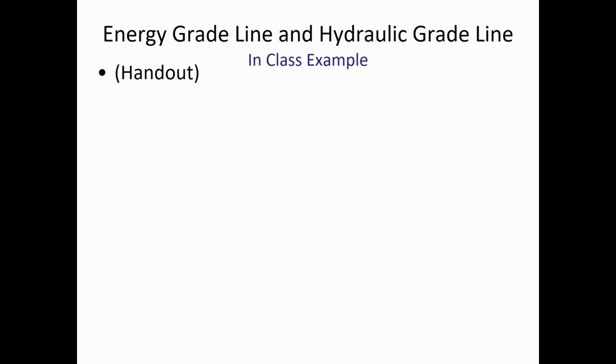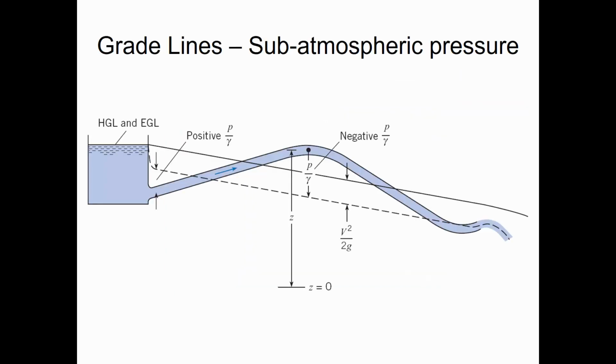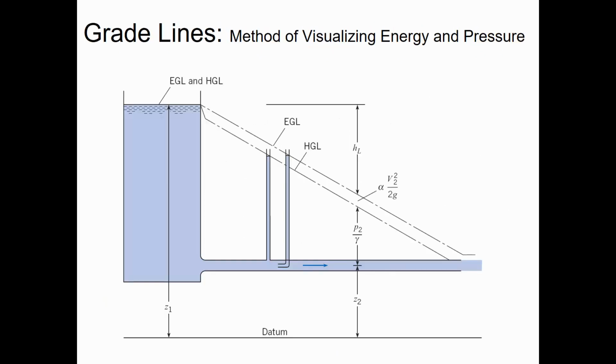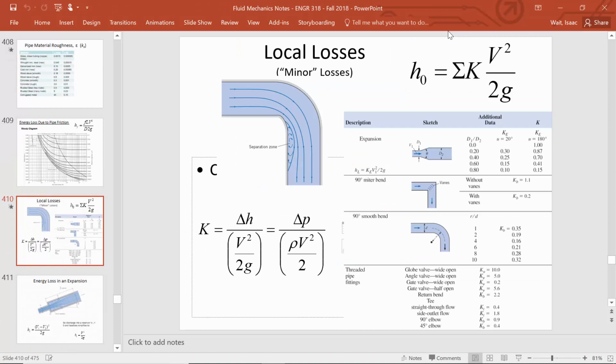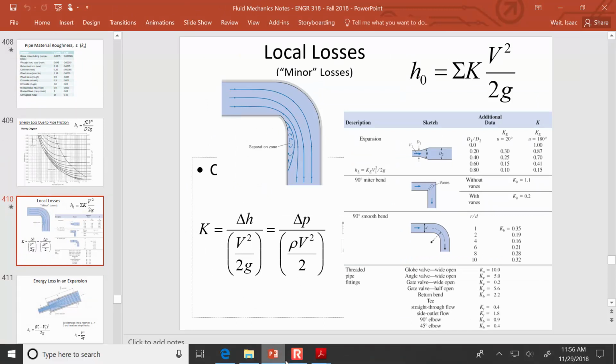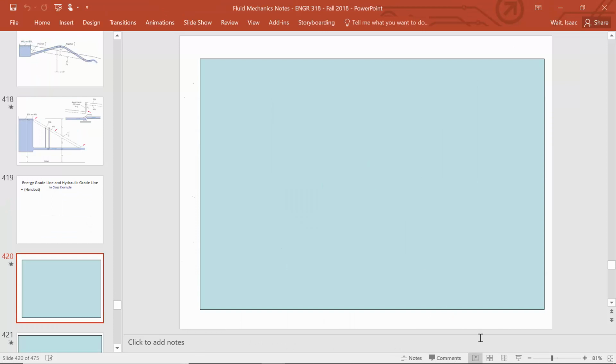So draw the EGL and the HGL and follow the same kind of approach that you've seen in these following images. So slow-moving water versus fast-moving water. All right.